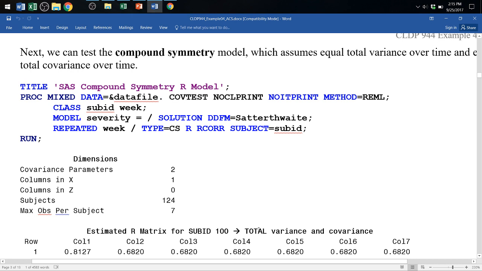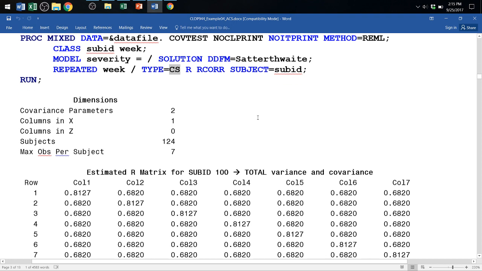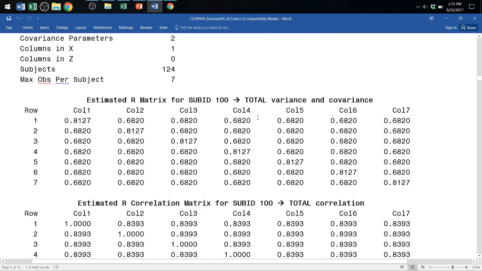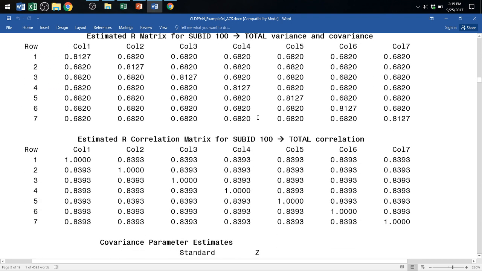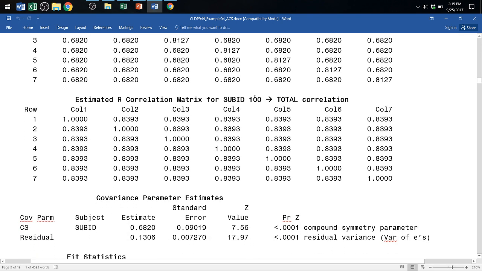Let's see about the compound symmetry model. How much of our variance is level 2 versus level 1? Here's my friend CS in the code. So this is a model you've seen before. So this is my compound symmetry model.